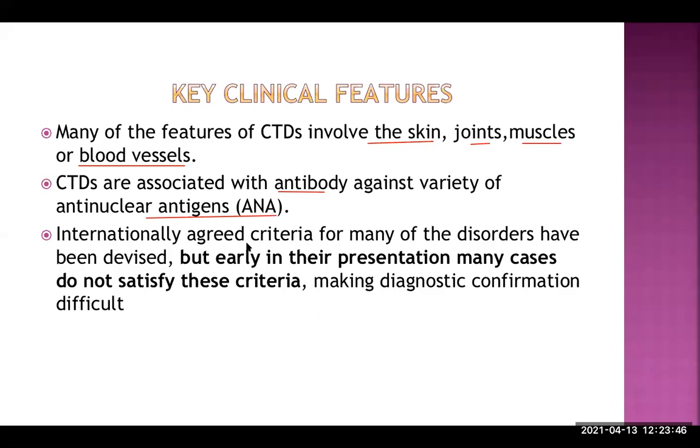Now, internationally agreed criteria do exist for many of these disorders. One example I can give here is SLE. There is the ACR, American College of Rheumatology, criteria for the diagnosis of SLE, and there are 11 criteria. Out of that, 4 criteria, at one time or serially, are enough for the confirmation of diagnosis.